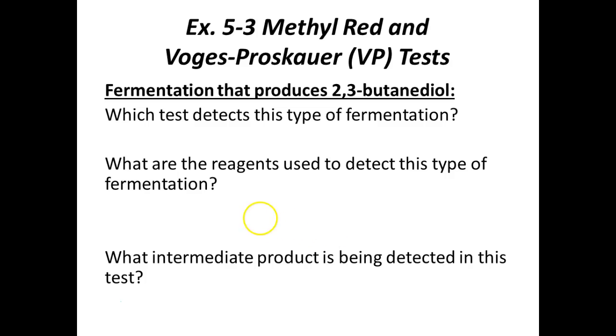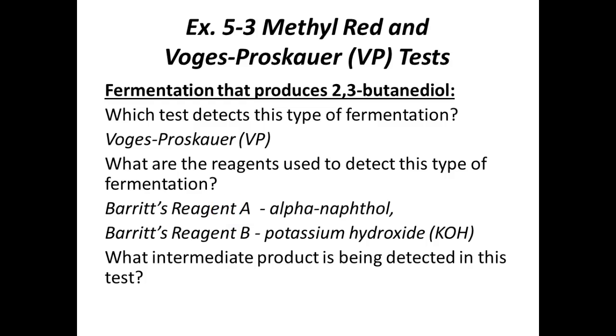2,3-butanediol is which test? The Voges-Proskauer test, right? Your VP test. What were the reagents? We used 2, didn't we? Barritt's reagent A, alpha-naphthol, and Barritt's reagent B, which is potassium hydroxide. I promise I won't make you spell them on a test.